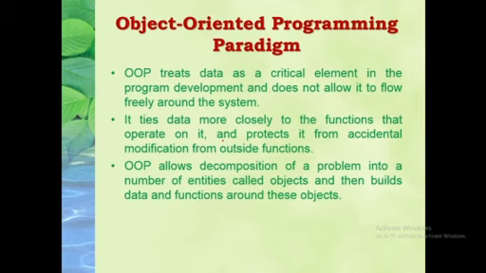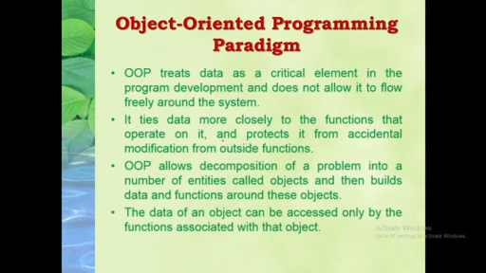The data is decomposed into smaller things called objects, and functions are built to handle those objects. Once an object is declared under a class, that object can be handled only by the functions which are associated with that class.